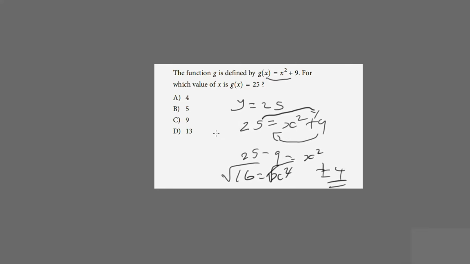Alright, we now have 0 here. So what you're going to have is 0 equals x squared plus 9 minus 25. So we have 0 equals x squared minus 16.